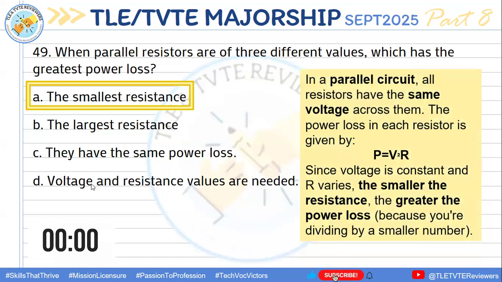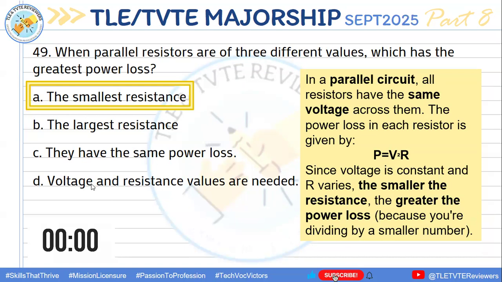Answer letter A, the smallest resistance. In a parallel circuit, all resistors have the same voltage across them. The power loss in each resistor is given by power equals voltage squared over resistance. Since voltage is constant and resistance varies, the smaller the resistance, the greater the power loss, because you're dividing by a smaller number.